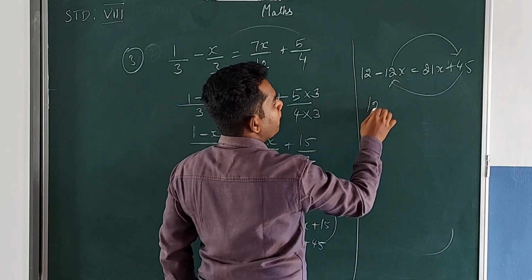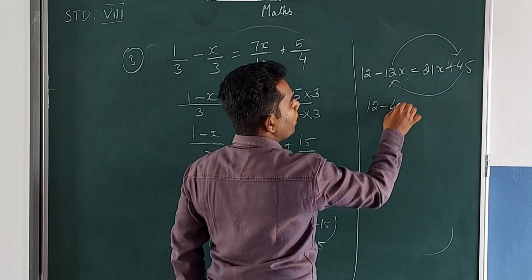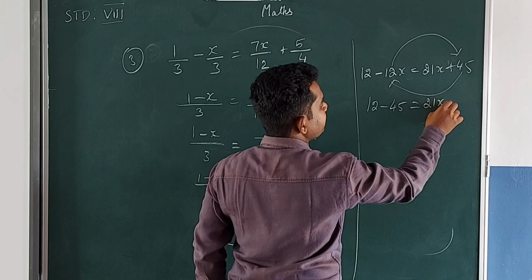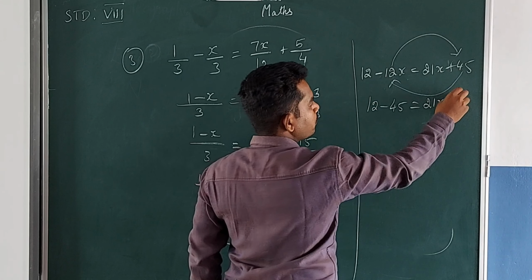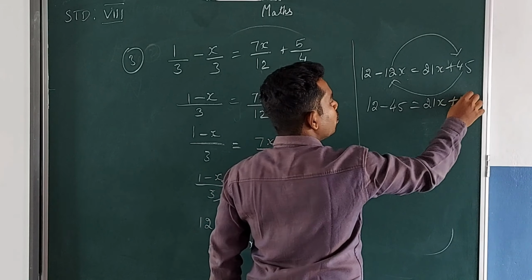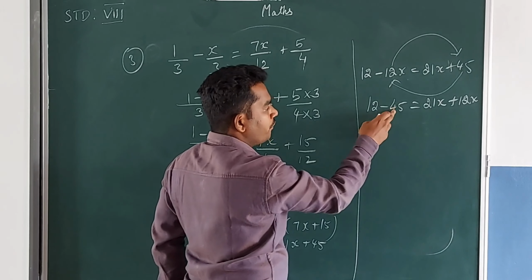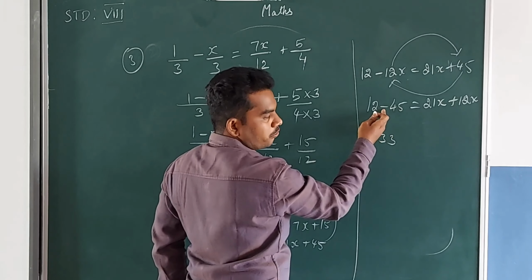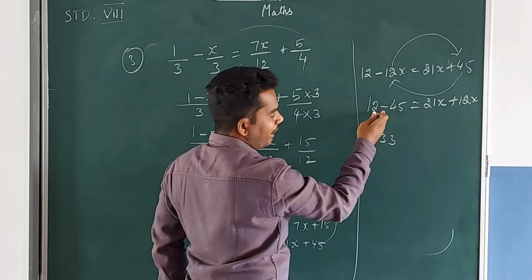Okay, 12 minus 45. Why? 45 is plus, so it goes as minus 45. Here 21x same, minus 12x goes to that side, so plus 12x. So, 12 minus 45 is what? 45 minus 12 is what? 33. Bigger number's sign is minus, so minus 33.